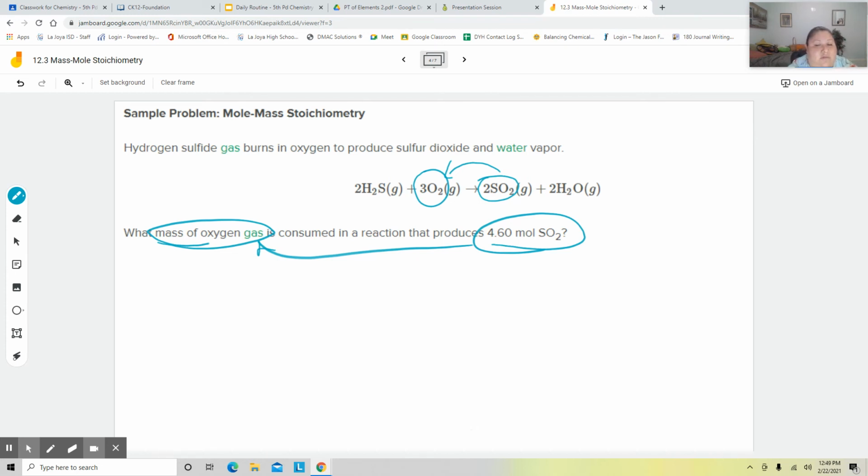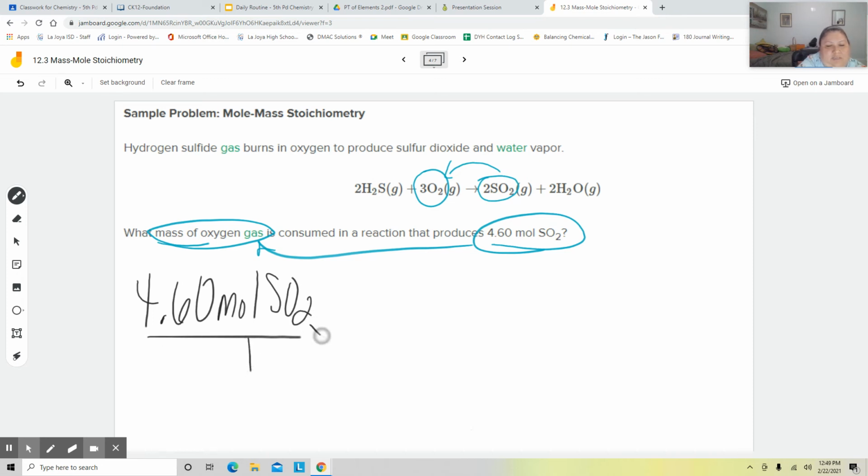Okay, so now we're starting with mole ratio. 4.60 moles of SO2. So we're going to put a 1 underneath it. We're going to put times and then a line. And then we're going to draw our arrow. Same process from last time. Instead of doing it as the second step, now we're doing it as the first step.